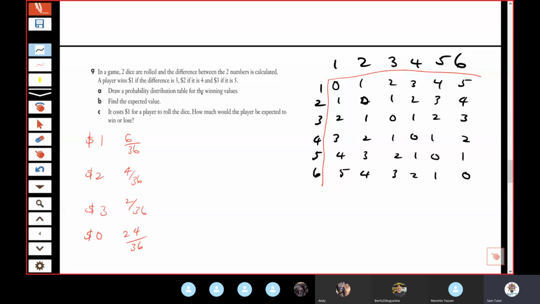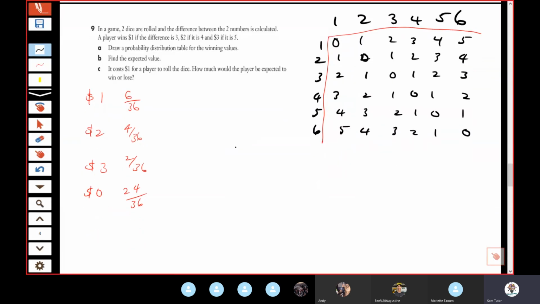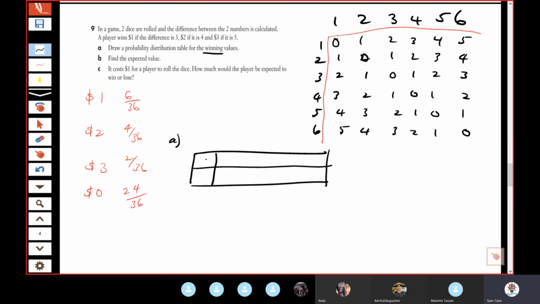Draw a probability distribution table for the winning values. So for the winnings: $0, $1, $2, or $3. Okay. So, A. P of X. 0, 1, 2, 3. 0 occurs 24 out of 36 times.